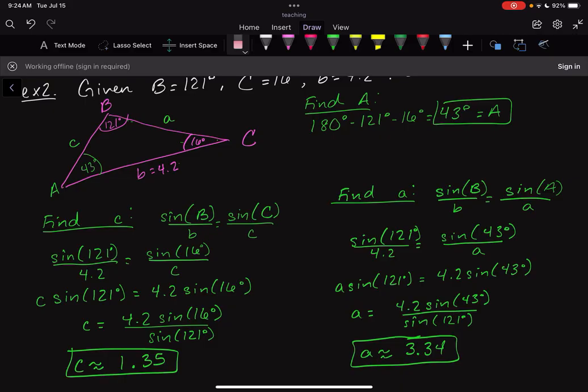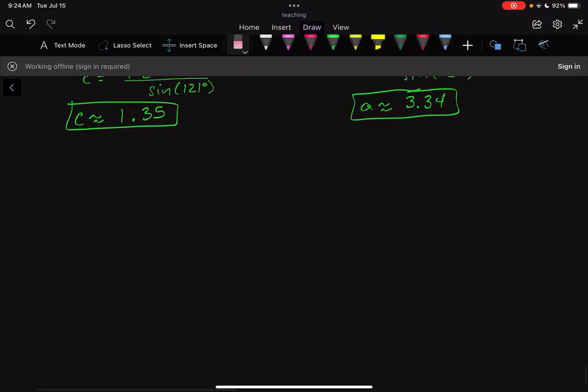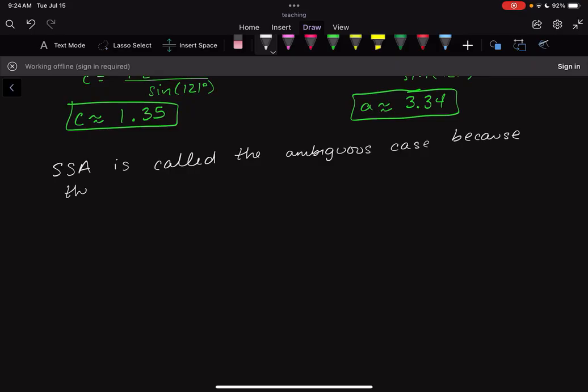The last case that we're going to talk about in this section is the ambiguous case. So side-side-angle is called the ambiguous case because there are multiple possibilities.